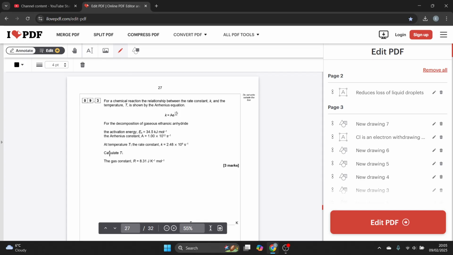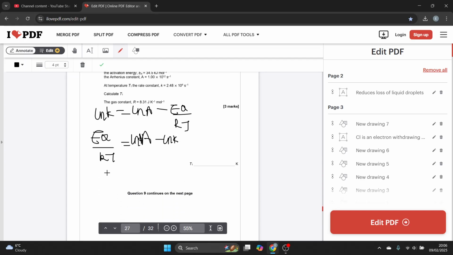Okay, so first thing I'm going to do is take the logarithmic form. So ln K equals ln A minus EA over RT. Add EA over RT, you get EA over RT equals ln A minus ln K. Times by RT: EA equals RT times (ln A minus ln K).